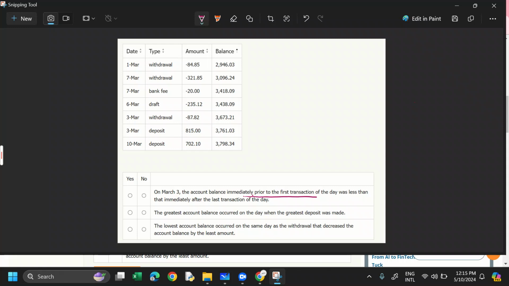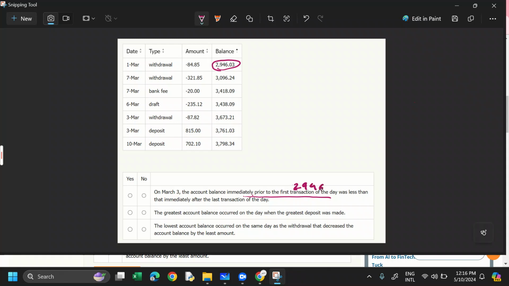Immediately prior to the first transaction of the day would be whatever the balance was after the previous transaction. And so prior to 3rd March, it was 1st March and the balance was 2946.